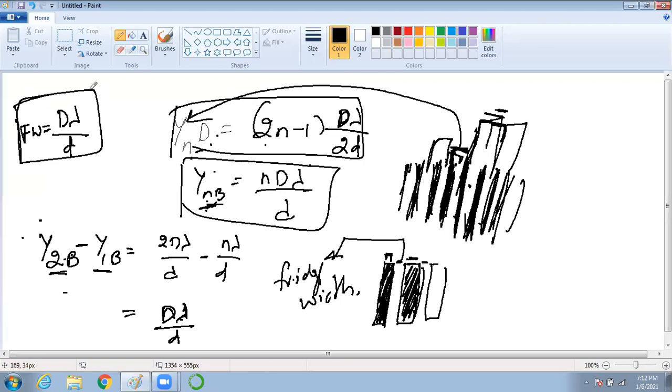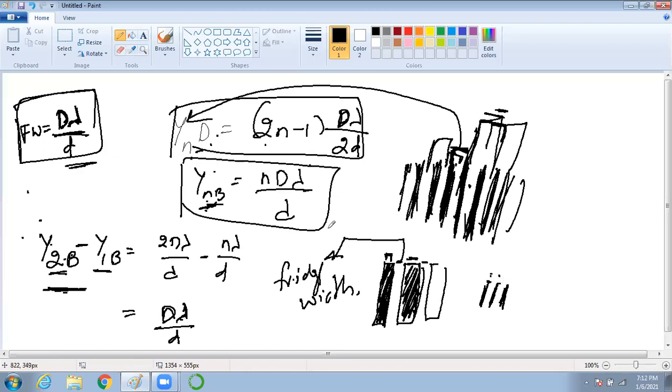Understood? Each bright fringe has a width of D lambda by d. Am I correct? So these are basically two consecutive bright fringes. This is a bright fringe, this is a bright fringe, this is a bright fringe. So the width between two consecutive bright fringes is this much.